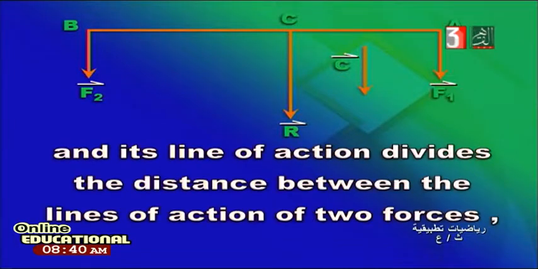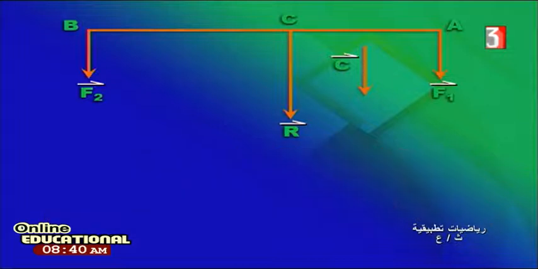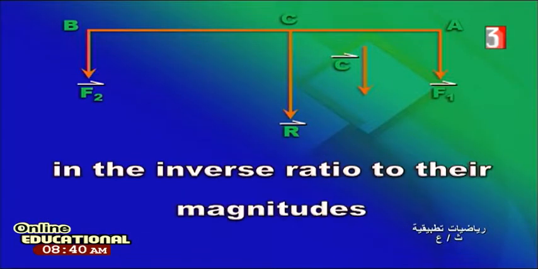But its line of action divides the distance between the lines of the two forces in the inverse ratio to their magnitudes. What do we mean? F1 multiply AC equals F2 multiply BC.